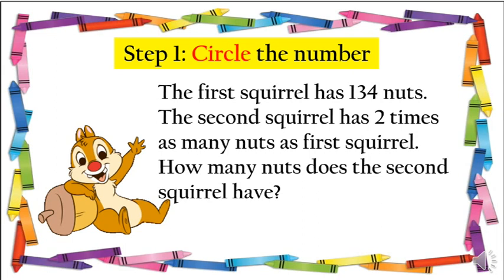Can you find out what the numbers were? Yes, 134 and 2. Nuts with the first squirrel and the number of times as many nuts as the first squirrel.